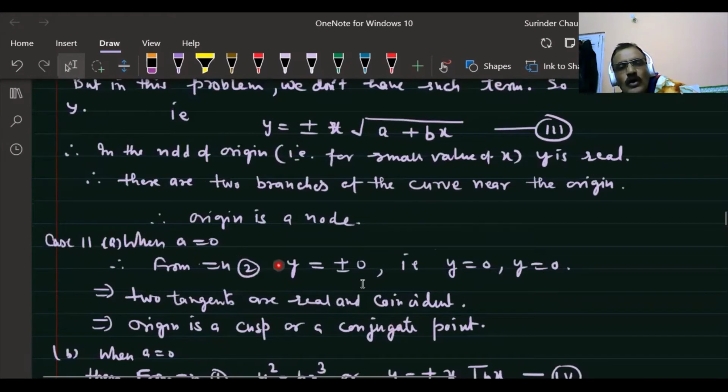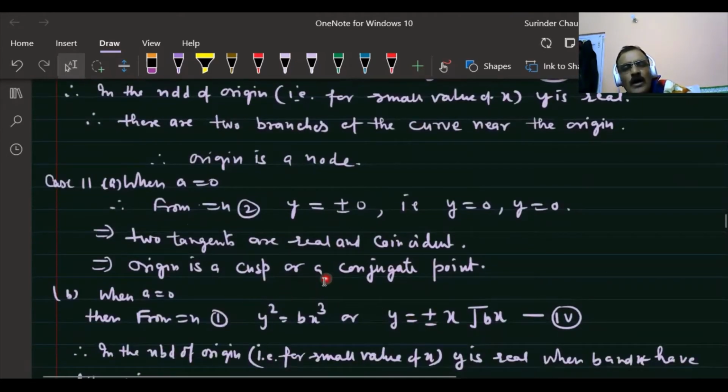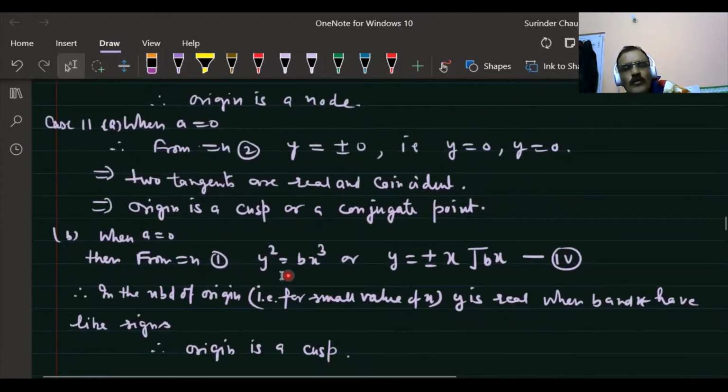Now if a is zero, the two tangents become coincident. So the origin is either a cusp or a conjugate point. Again, we have to decide whether this is a cusp or a conjugate point. Again, solve it for y. Y is equal to plus minus root b x cube. Now for small values of x, in the neighborhood of the origin, y is real when b and x have the same sign.